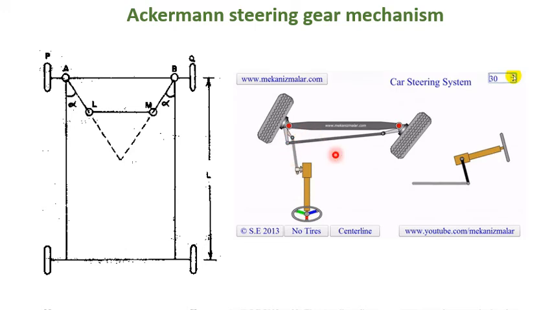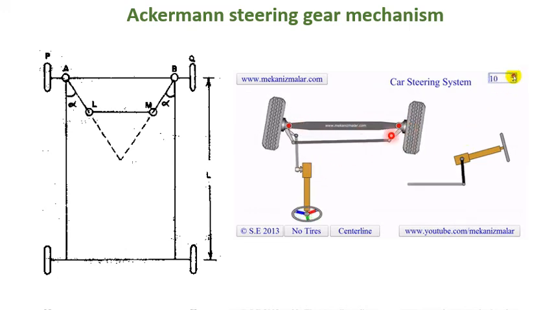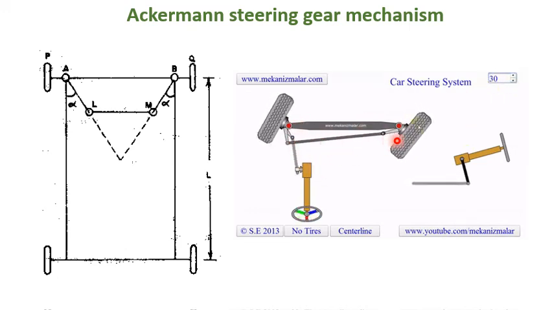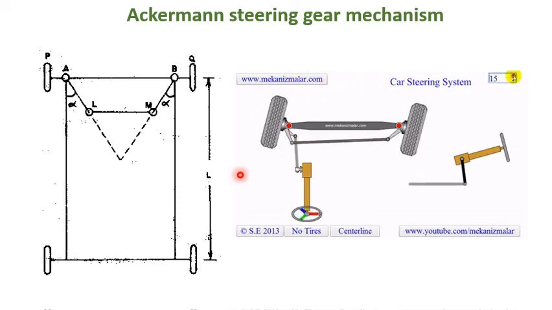You can see the animation video of this Ackermann steering gear mechanism here. It consists of this 4-bar mechanism. With the help of this 4-bar mechanism, the turning of the wheels takes place either towards the left or right.